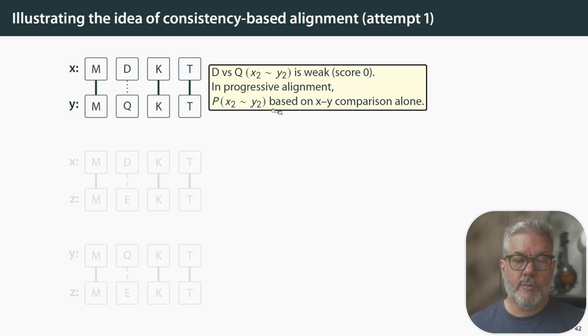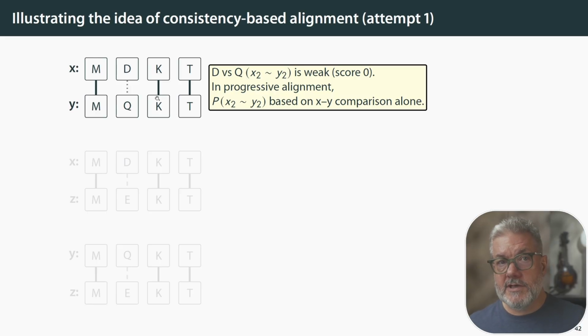When we turn that into a probability, at position 2, X sub 2 against Y sub 2, that probability is just based on XY comparison alone, and this position's contribution to that probability is not going to be high. It's not going to be any different from random chance.